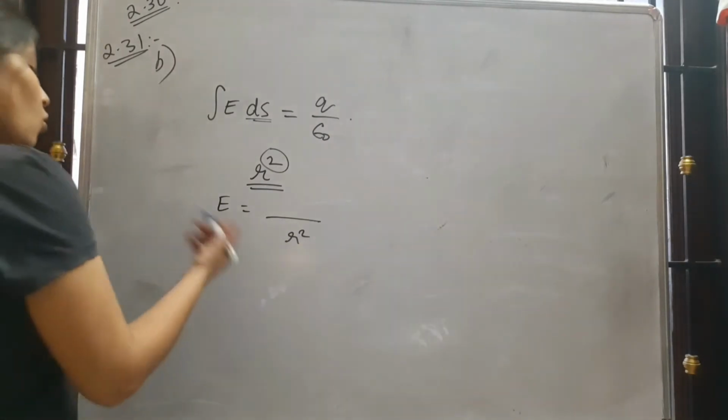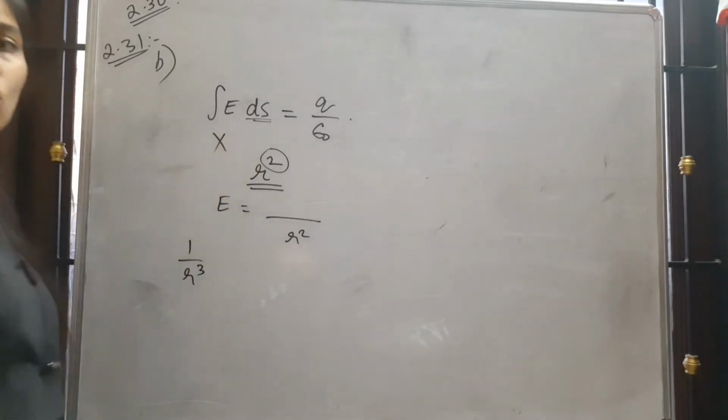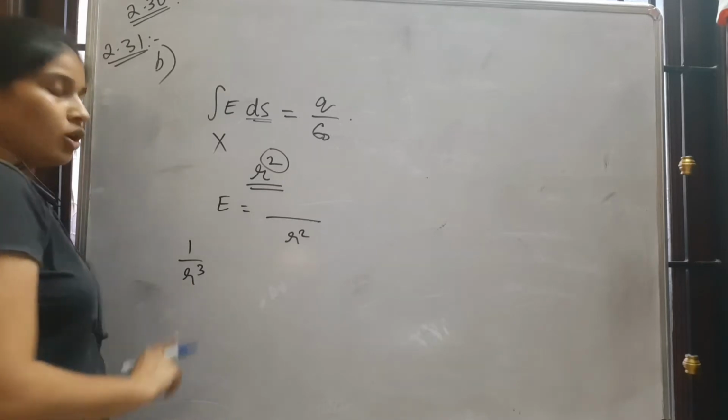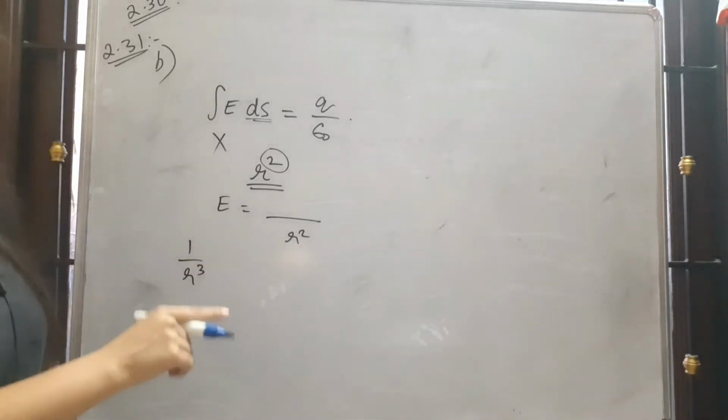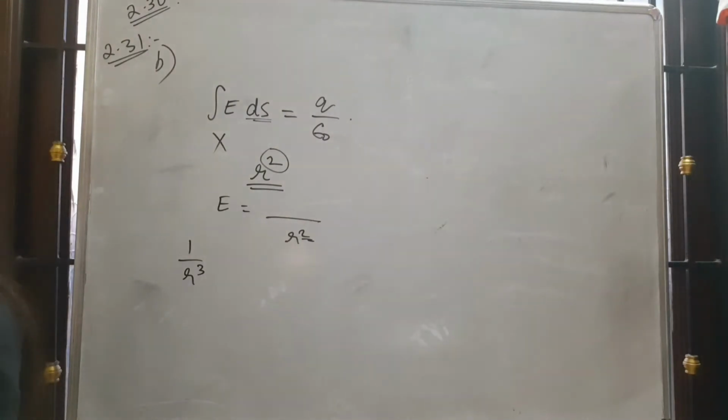But if Coulomb's law changes to 1 by r cube, then Gauss law can no longer be used. You cannot use Gauss law for any power other than 2. For any other type of dependency we cannot use Gauss law. So if Coulomb's law is 1 by r cube, then Gauss law is not applicable.